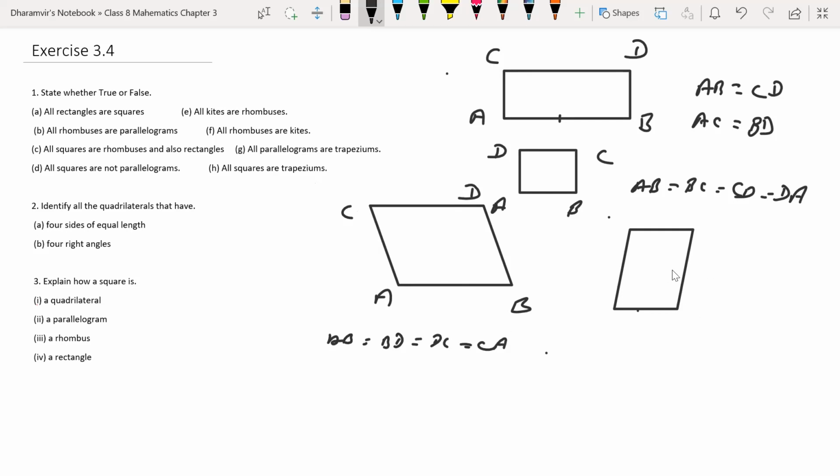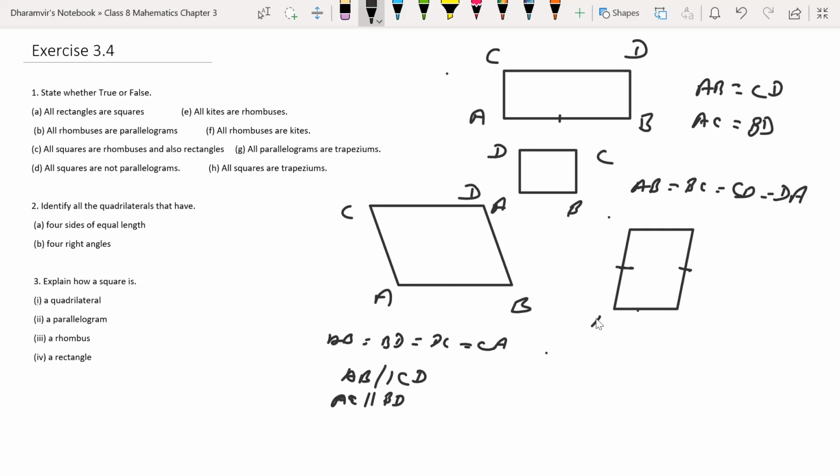But in a parallelogram, two opposite sides are equal, and opposite sides are parallel. AB is parallel to CD, AC is parallel to BD. So this is the rhombus.